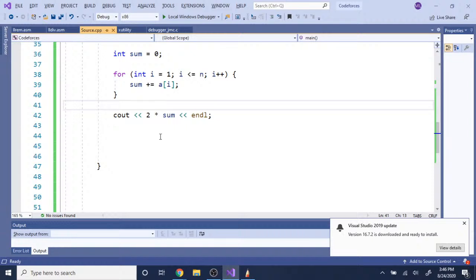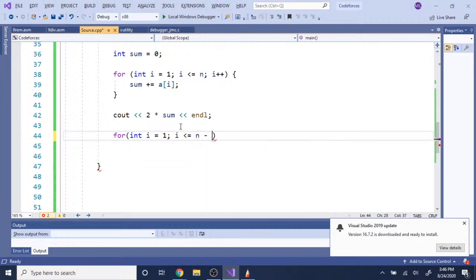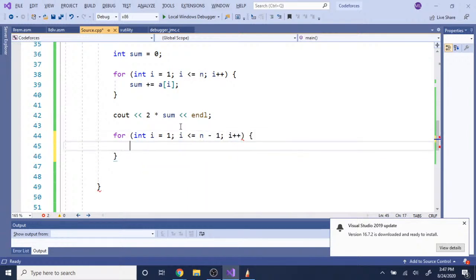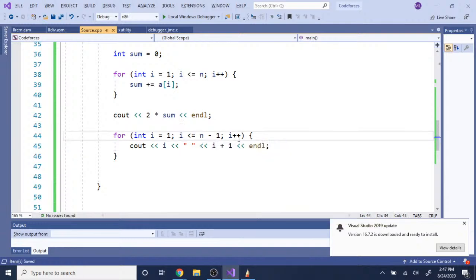So from here on, we're going to go through the number of nodes n. We're going to go to the last, pairing it up, except for the last one, right? And then we're going to pair up i with i plus 1. Each node with the next node: second with third, third with fourth, fourth with fifth.